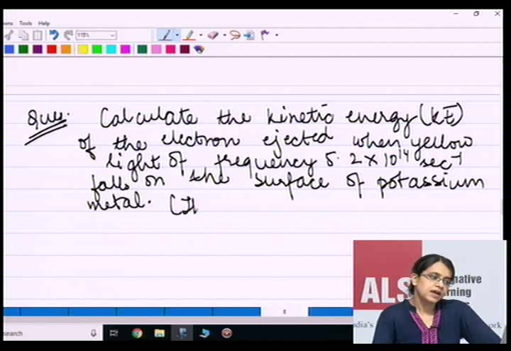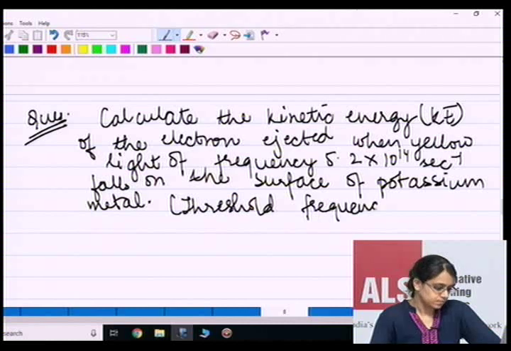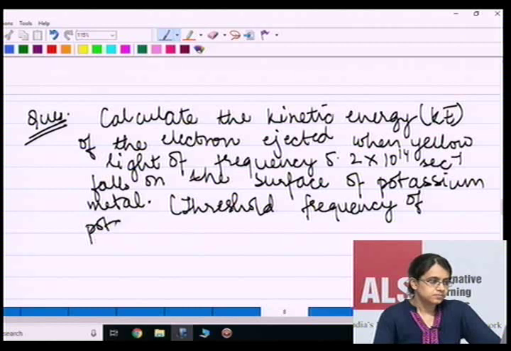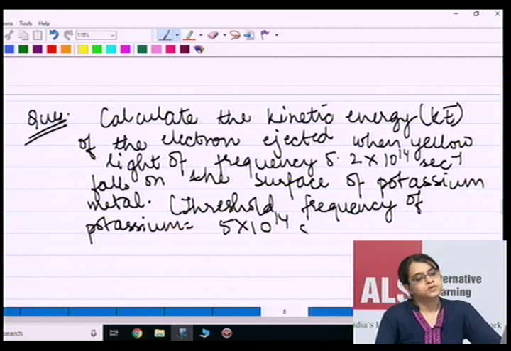You are given that the threshold frequency of potassium is 5 into 10 to the power 14 per second.